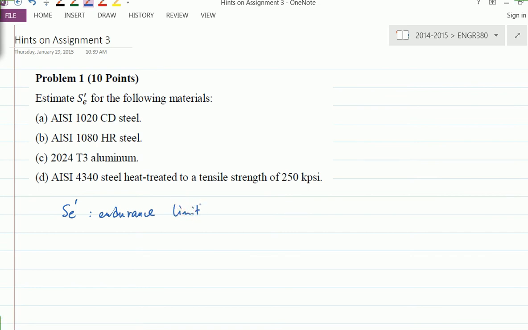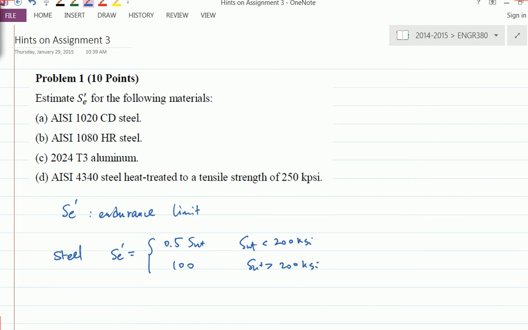The idea is essentially to use the estimation formula for Se prime, and this is the estimation formula for steel, for when Sut is less than 200 ksi and when Sut is greater than 200 ksi.